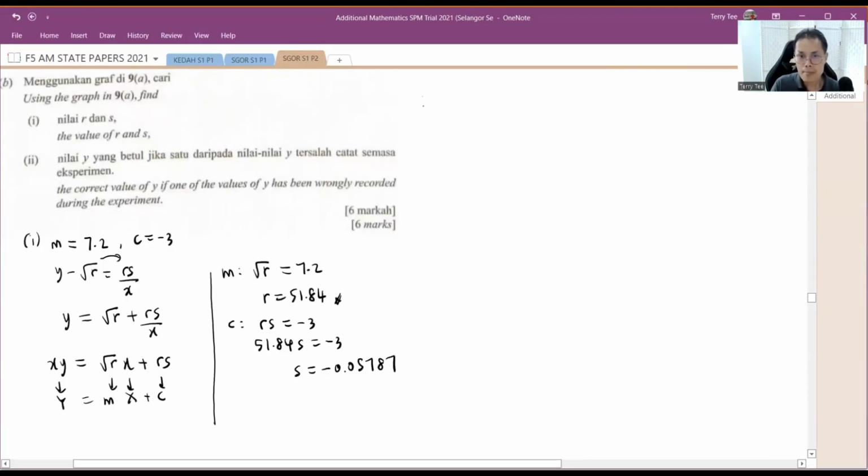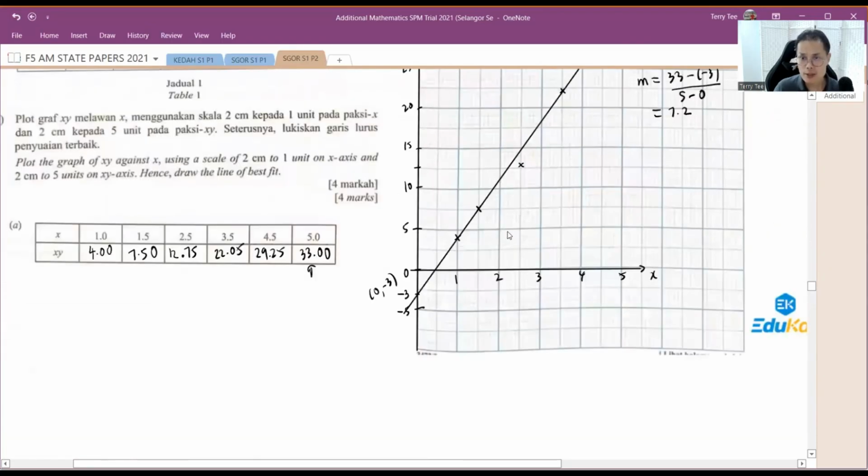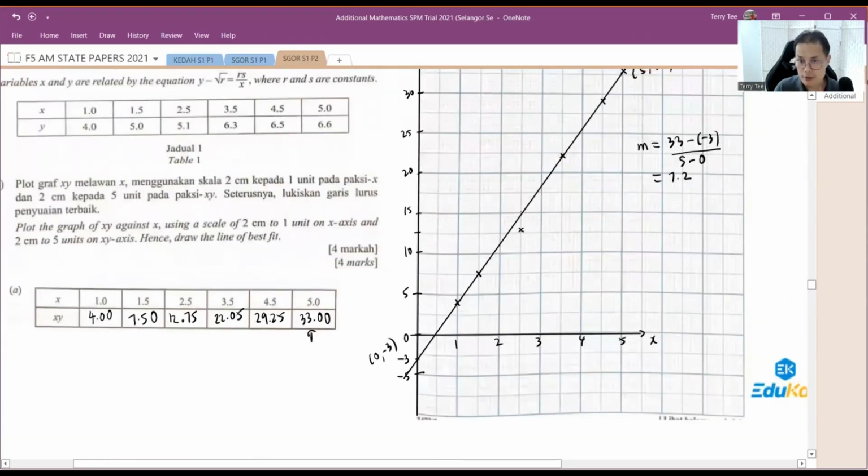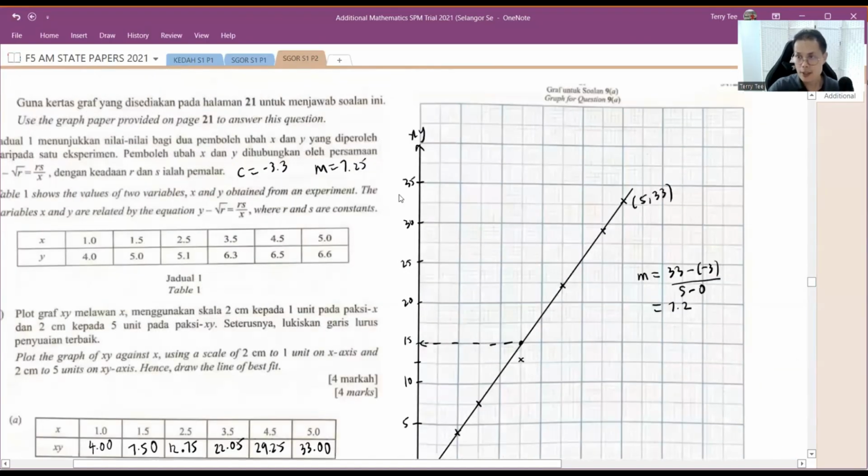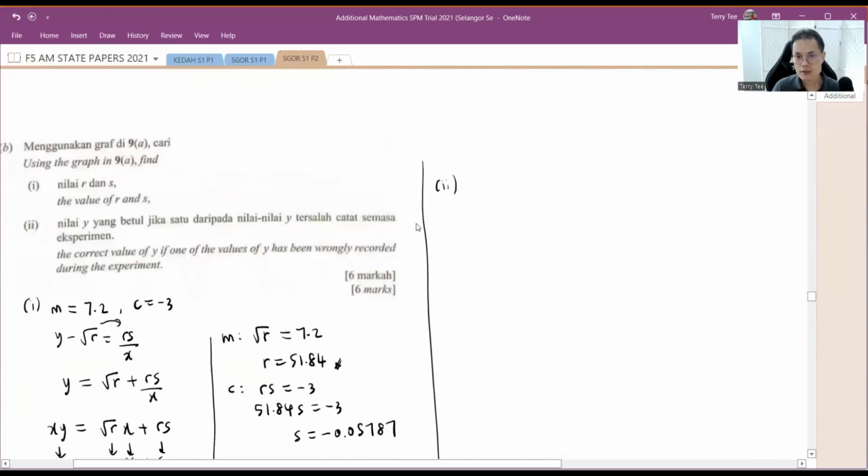Okay. Now, lastly, the correct value of y, given that one y value is wrongly recorded. We already know this is the wrongly recorded value. The correct value is here, at 15, right? So when your xy is 15, that is your xy axis, xy is 15. So we know the correct value is when xy equals 15.